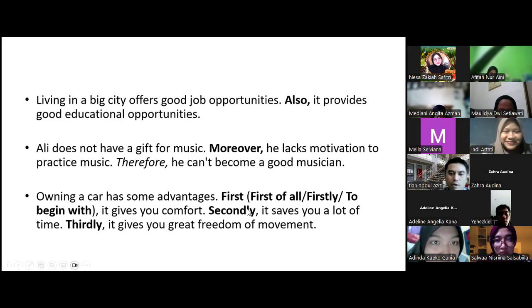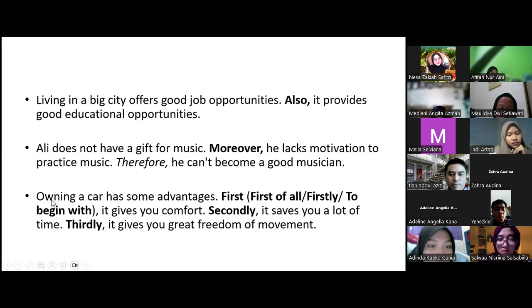Owning a car has some advantages. This is the main thesis of the paragraph. In one paragraph, it consists of a main thesis and explanation about the main thesis.